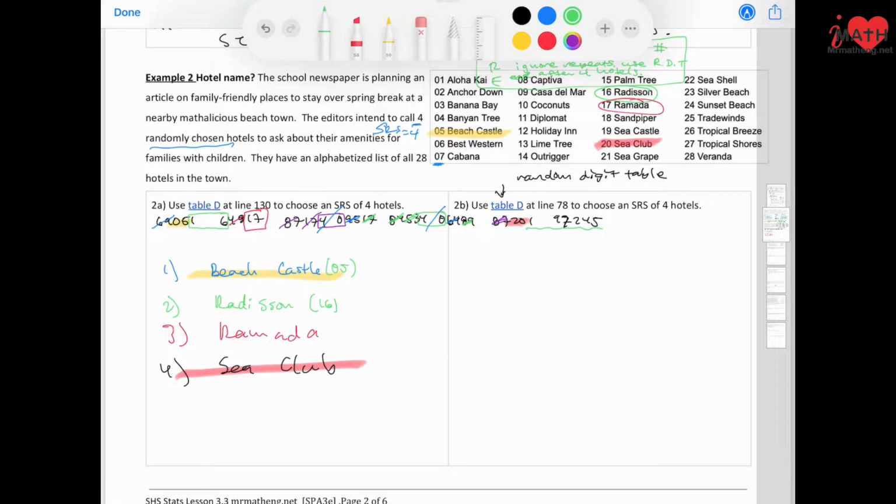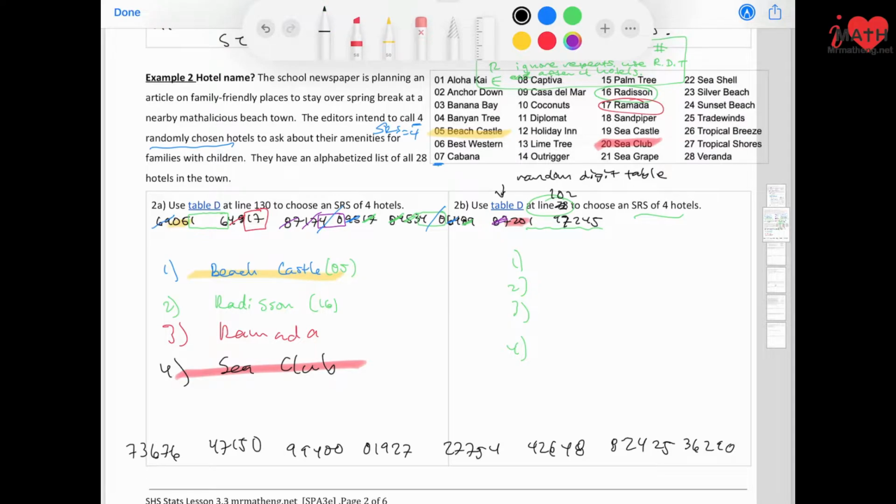All right, go ahead and press pause and use that table now and find me 4 more hotels, but use line 78. And then press play to check your answer. All right, so table D that I gave you guys doesn't have line 78.